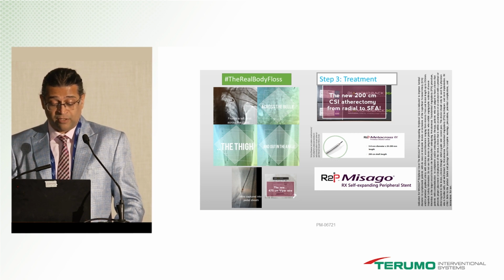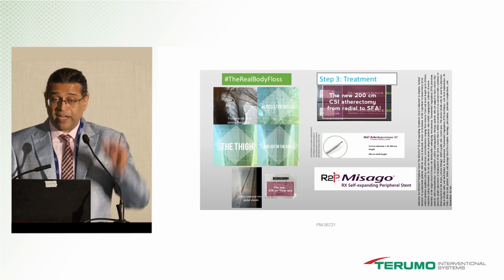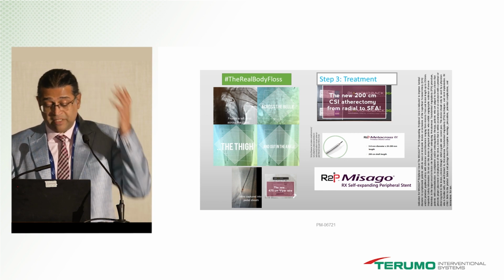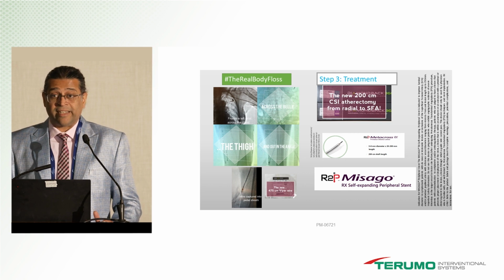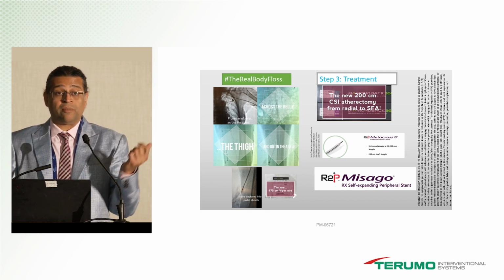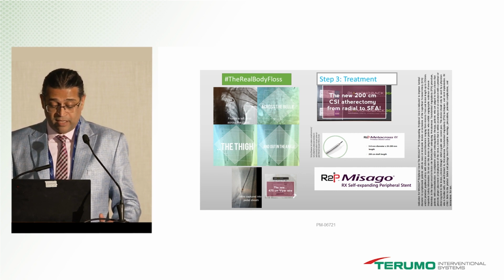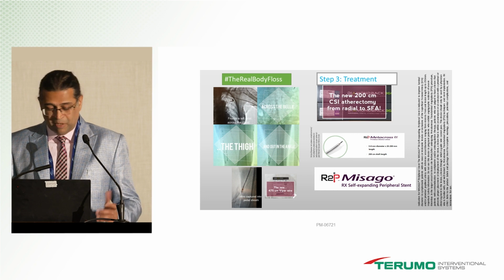Used a 200 centimeter shaft balloon from Terumo, and then I had to stent the patient. So I put Misago stents. These are great stents. They are rapid exchange, 200 centimeter length, so you can go from radial all the way down and stent in the SFA and the popliteals. Popliteal not as much, but definitely SFA.